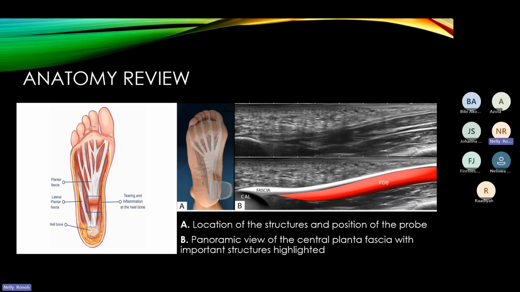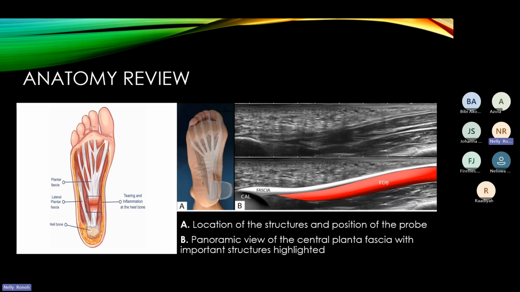And what you expect to see would be something like this, where this is the calcaneus here. And you can see here, we have the plantar fascia itself. This white thing here would be the plantar fascia. And here we have the flexor digitorum brevis, which would be following there. So as you can see here, the location of the structures and the position of the probe, this is where you place your probe.